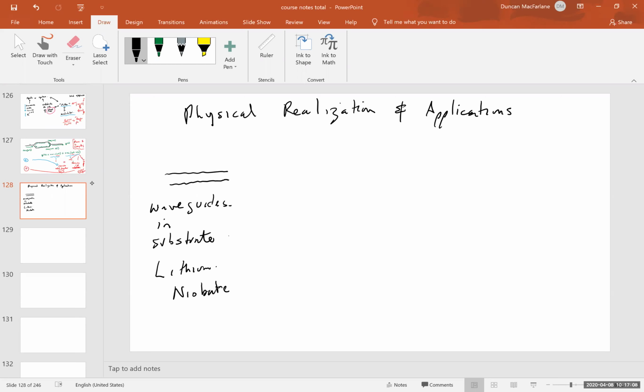I think it's LiNbO3. I've got to double check that, but lithium niobate.